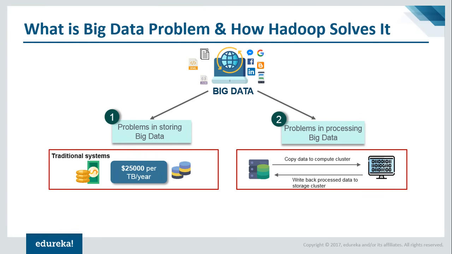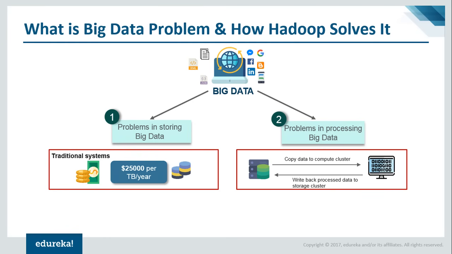The second problem was to process the big data. Let's just assume you have found a solution and you do have the money to afford all the necessary hardware to store the data. In order to process it, you need to copy all the data into the compute cluster, and after processing, you have to write the processed data back into the storage cluster, which is a massive task to handle.